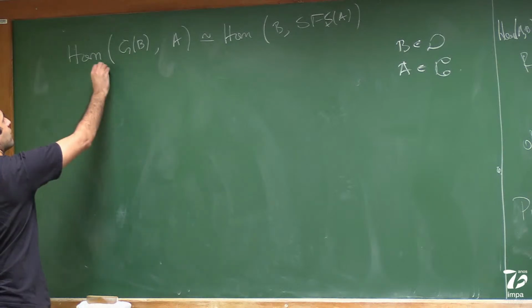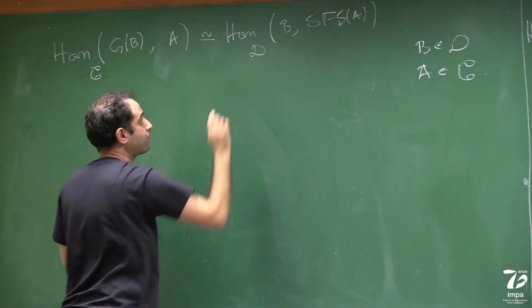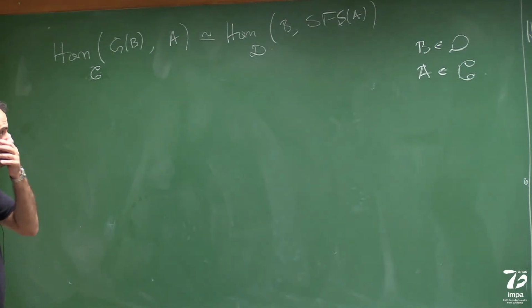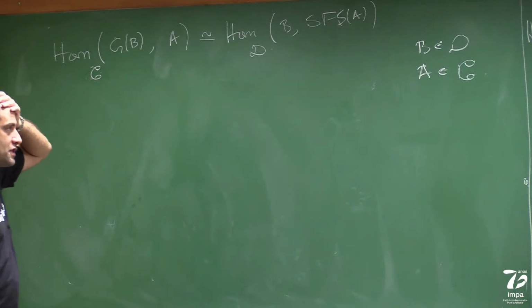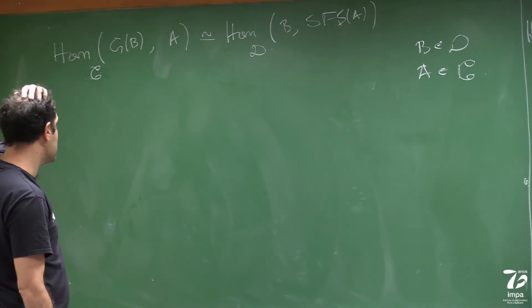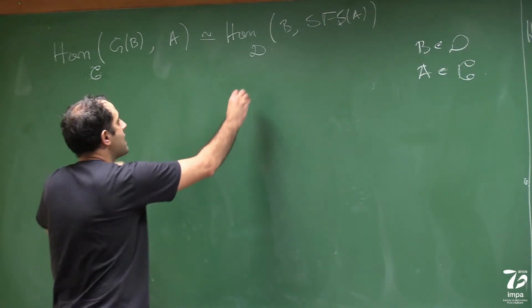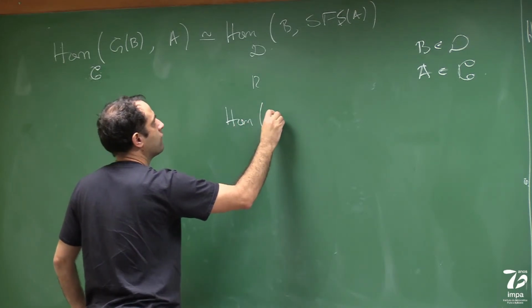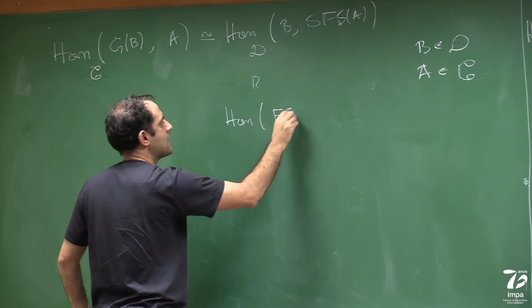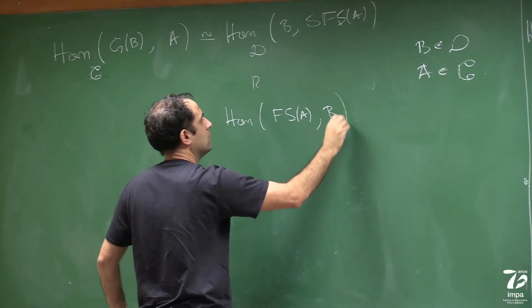So this is in the category D, and this in the category C. So that's the adjunction that I want to prove, and I want to check that it's natural, though I'm never checking it. Okay, so what can I say? This guy here is Hom of FSA to B dual.